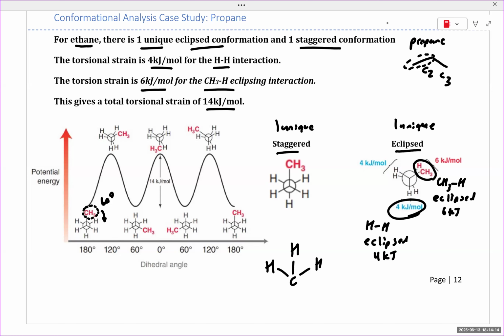It's not quite entirely attributed to a steric effect for why this methyl-hydrogen eclipsing interaction is more straining. As we start to see larger substituents, you'll really start to see how pronounced these steric effects become.